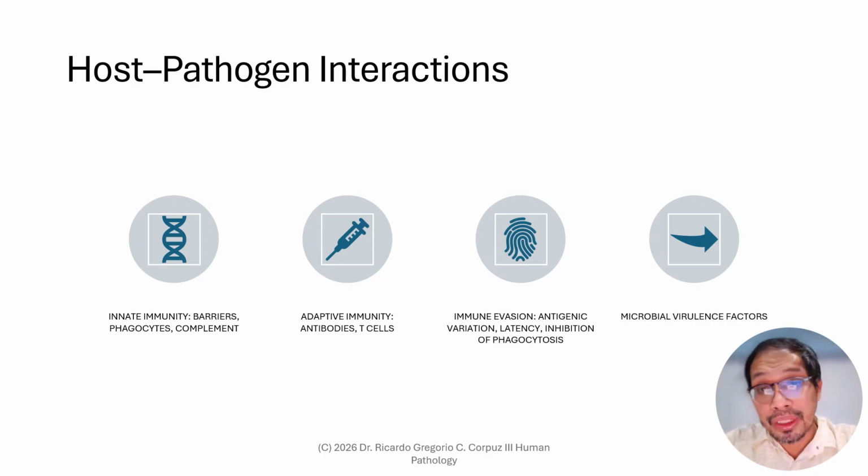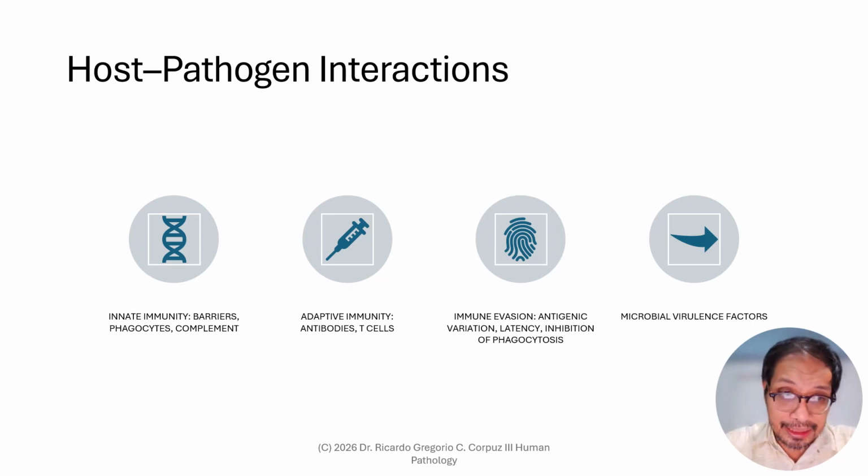Two, adaptive immunity. This is targeted, specific defense. If microbes bypass innate defenses, the adaptive immune system provides a more specialized response. Antibodies neutralize toxins, block viral entry, opsonize bacteria, and activate complement.